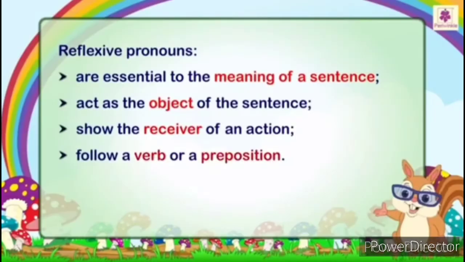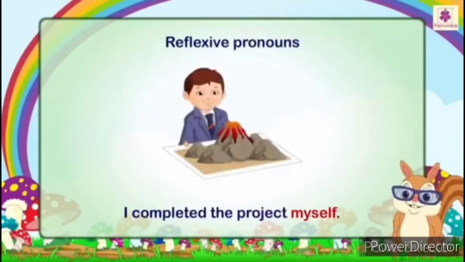Reflexive pronouns are essential to the meaning of a sentence. They act as the object of the sentence, and they show the receiver of an action, and they follow a verb or a preposition. Let's see an example. I completed the project myself.